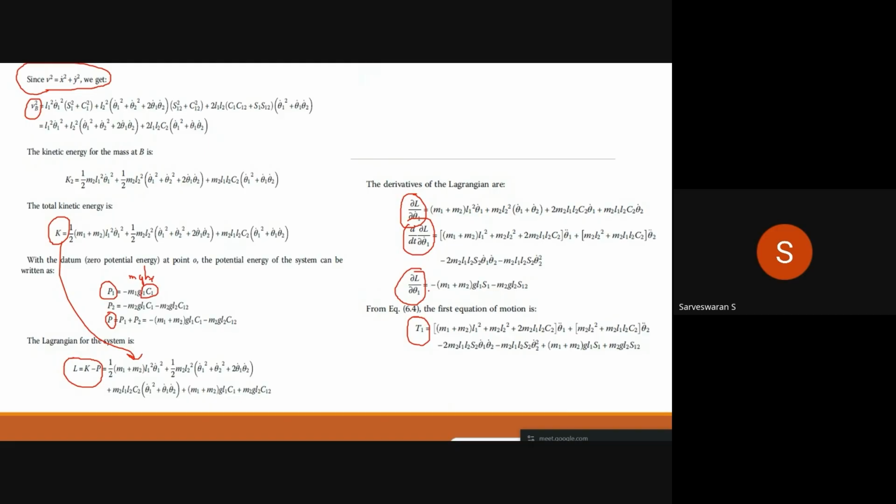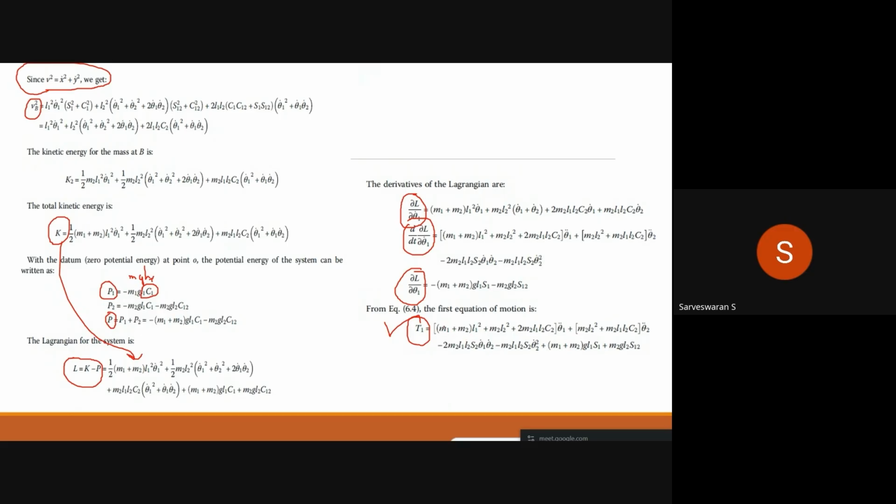So finally, d by dt of dou L by dou theta dot minus dou L by dou theta will give you the torque required. It is a torque that is being calculated considering all the terms. So when you look here, T1 is the torque required for link 1.